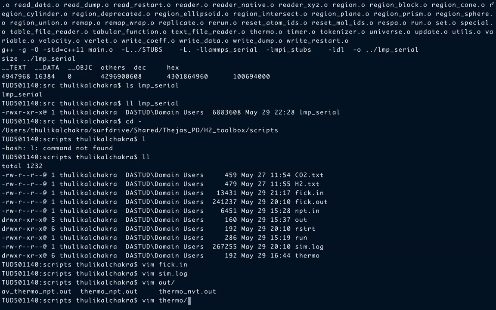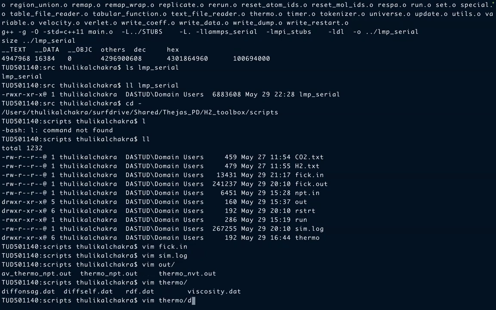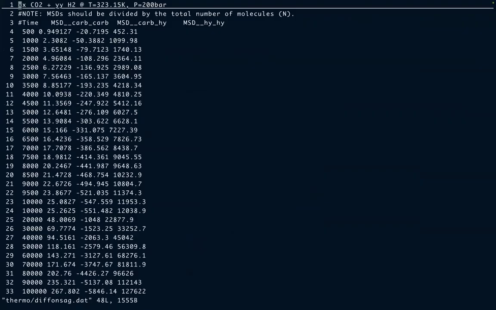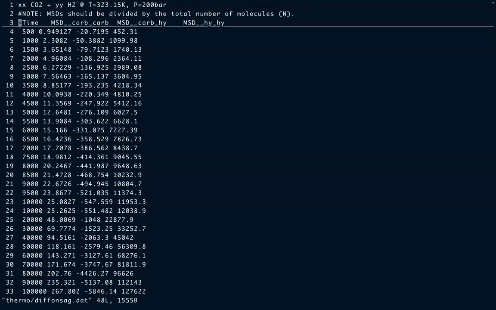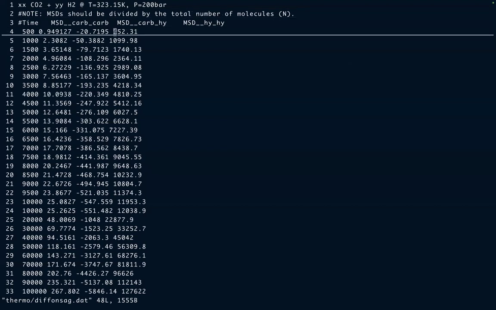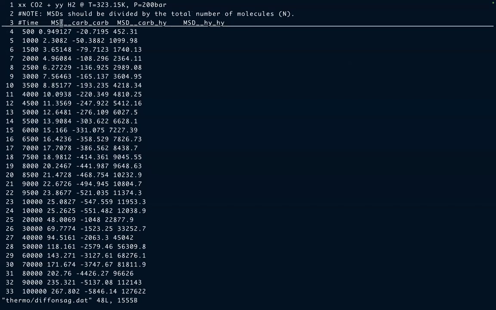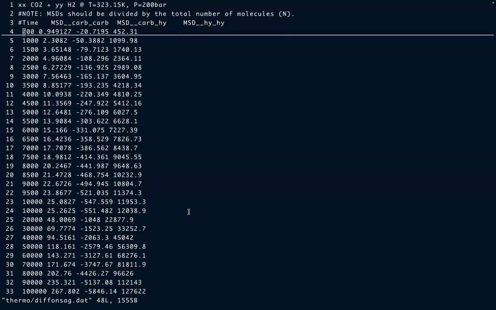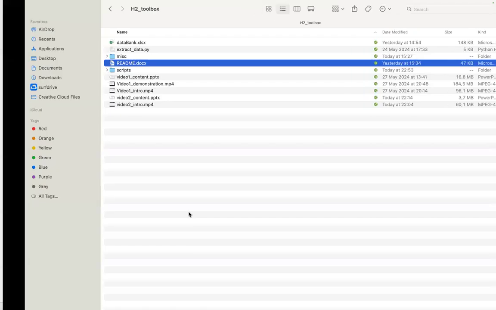Note that you finally only have the Onsager coefficients, and they are printed in the following format, where you have the time and the mean square displacement corresponding to carbon-carbon, carbon-hydrogen, and also hydrogen-hydrogen.